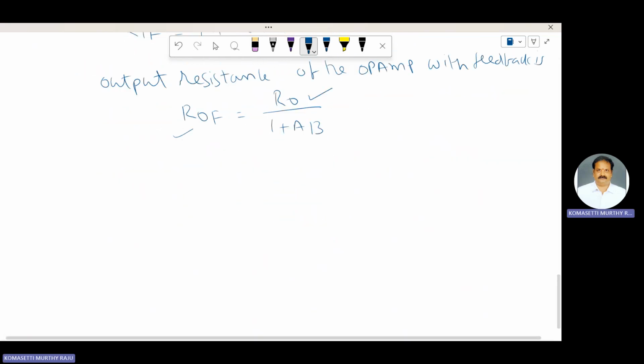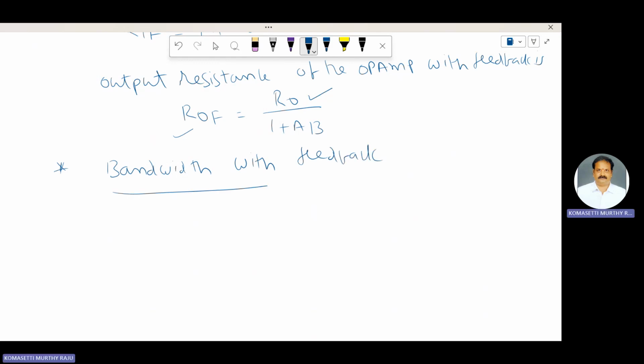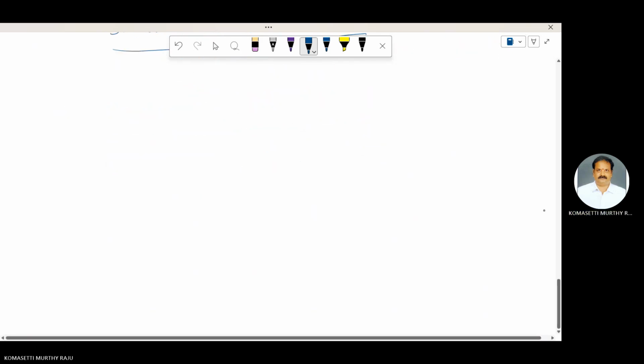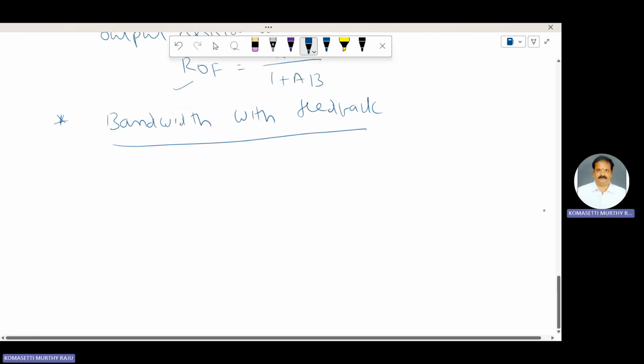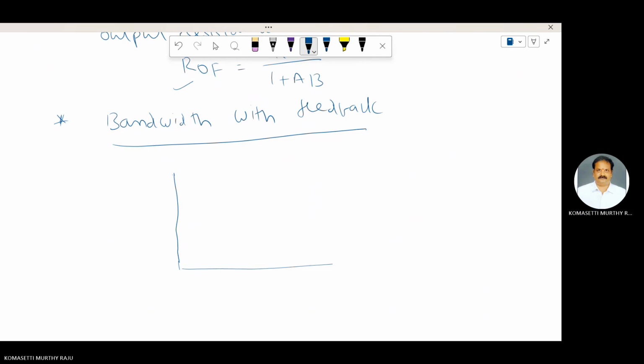One more important parameter is frequency response characteristics: bandwidth with feedback. Generally we consider the gain versus frequency curve of the op-amp, with gain along the y-axis and frequency along the x-axis.